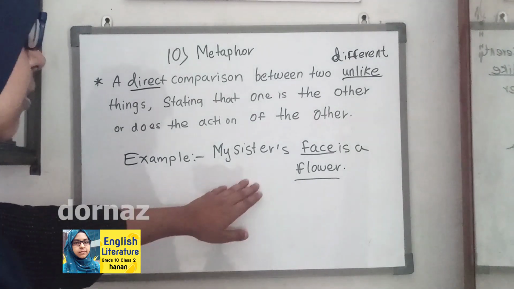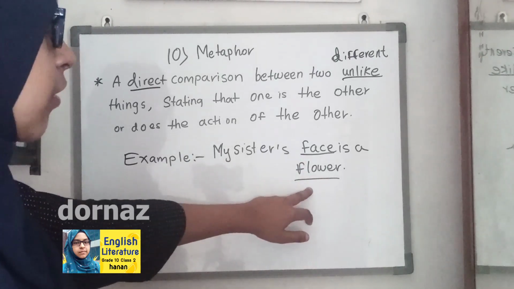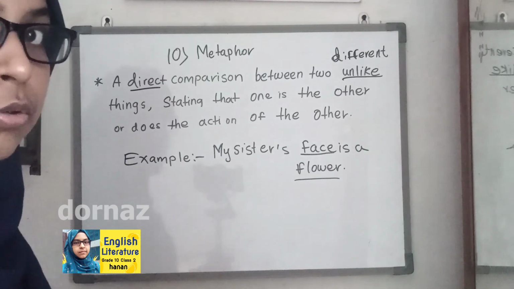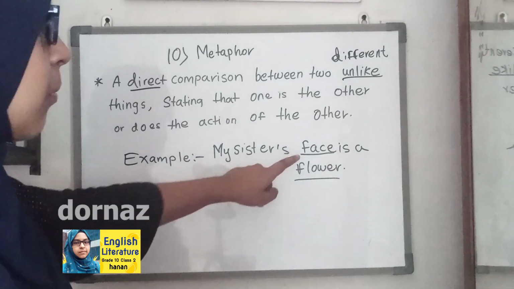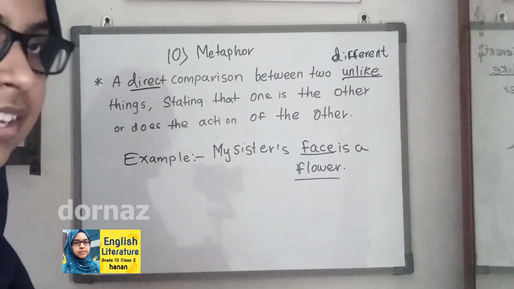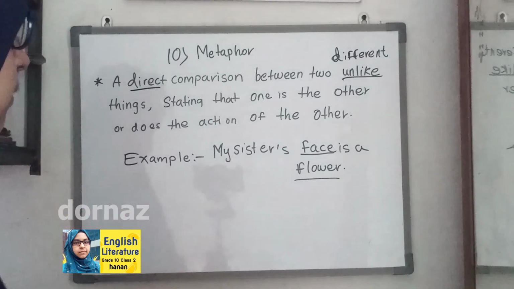So here in metaphor we are studying my sister's face is a flower. Flower and face, these two things are not similar. These are two different things. But we are going to compare these two things directly. My sister's face is a flower.